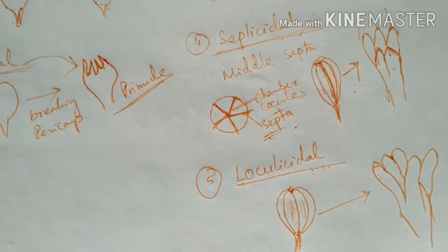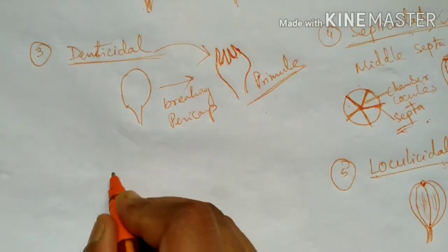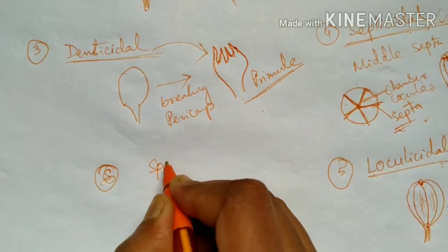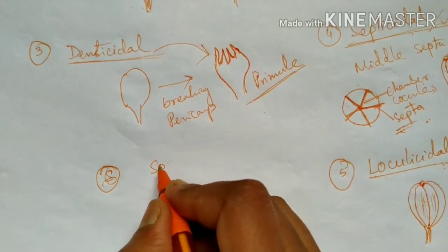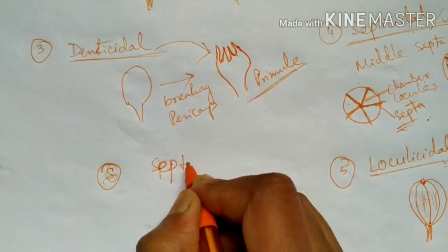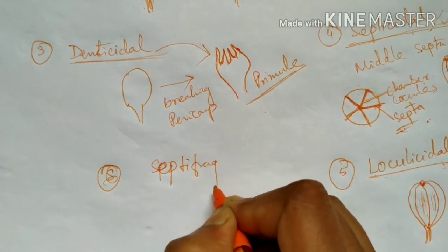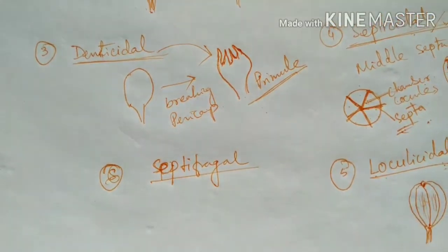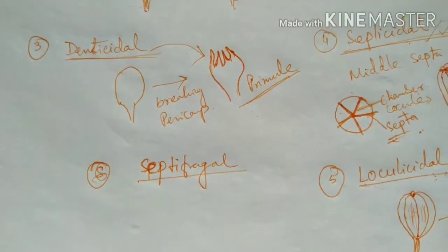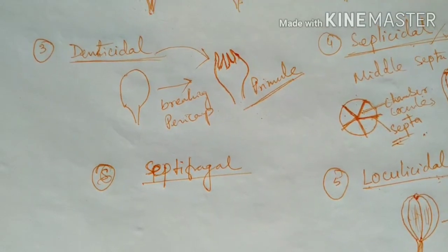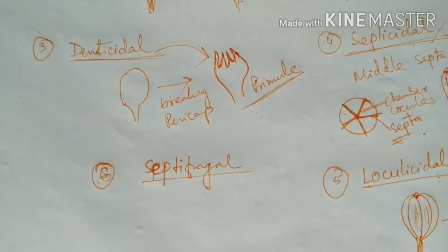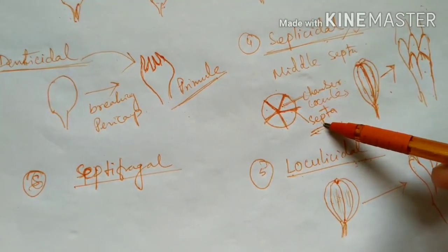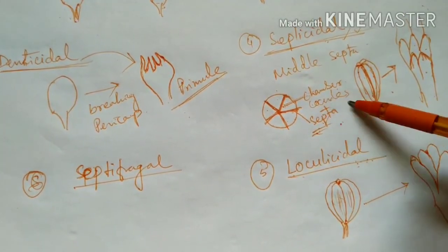And another type is number 6, septifragal, septifragal type fruit. So here the fruit breaks through both septa and chamber or locule.